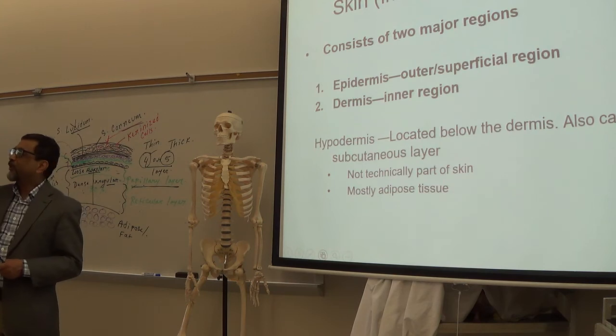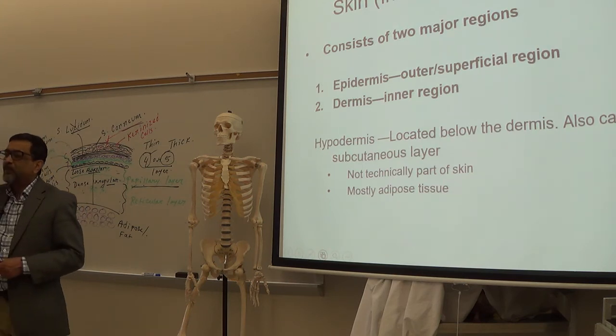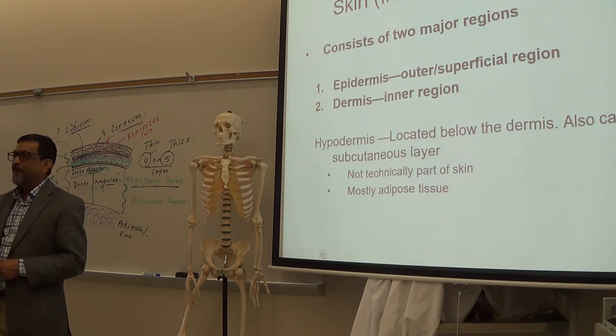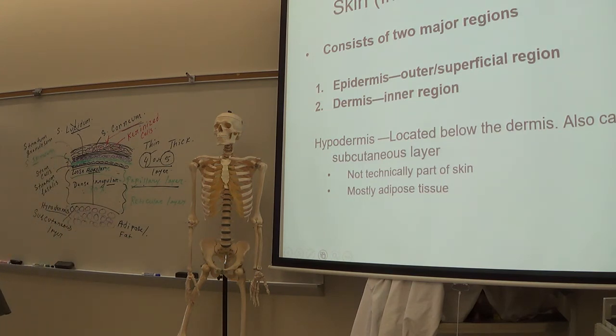Now, why do we use different routes? What do you think? If you give intravenous directly into the blood, right? Direct action, immediate action. Make sense? If you give into the muscle, it has a lot of blood vessels, right? So intermediate action, not too fast, not too slow.